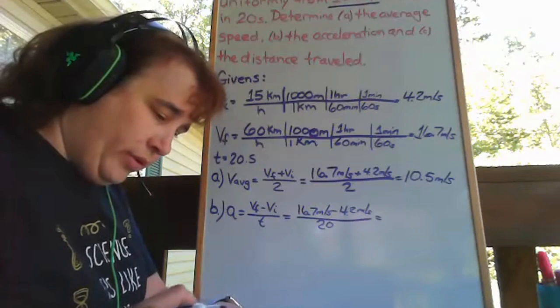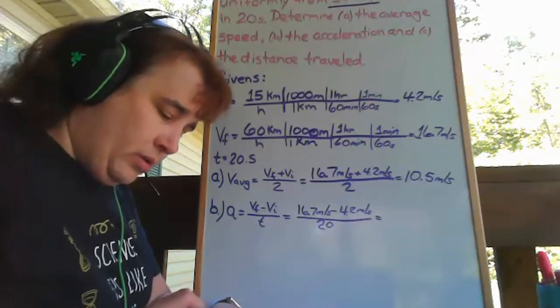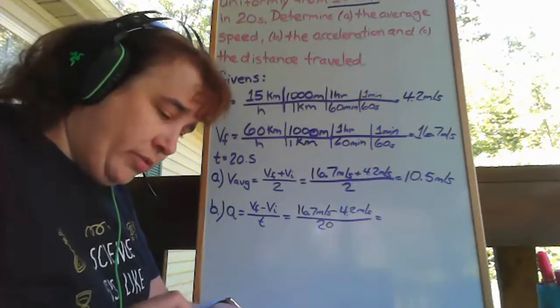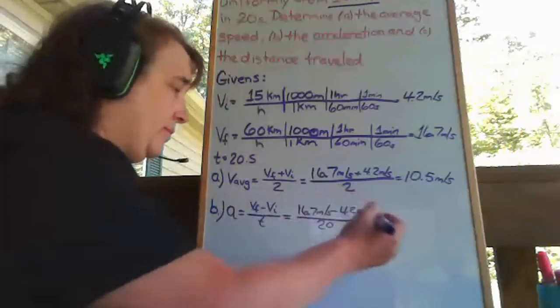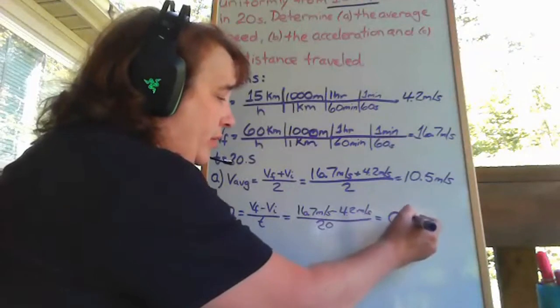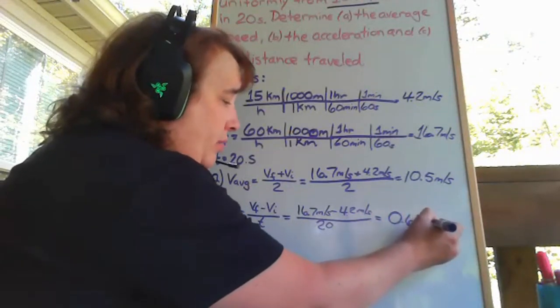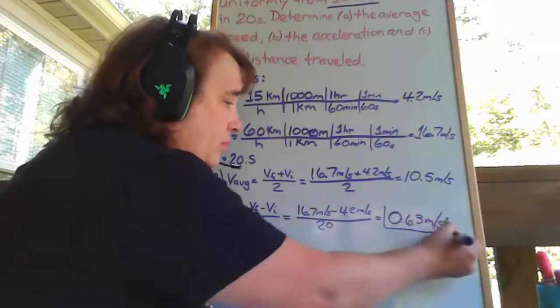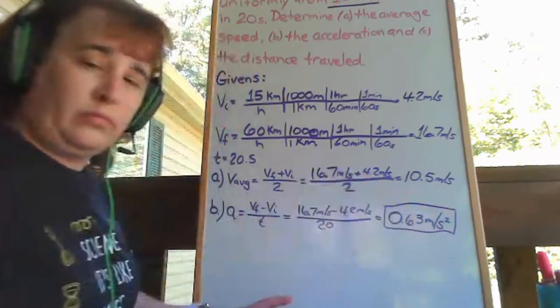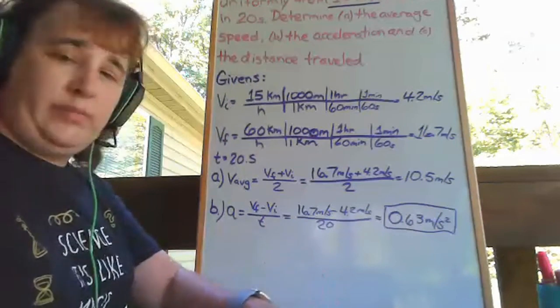So 16.7 minus 4.2, divide that by 20, and we get 0.63 meters per second squared. All right, so that's B.